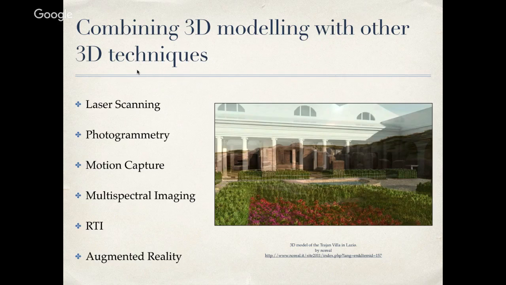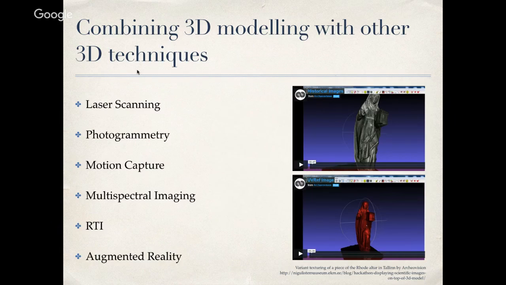Or we could use motion capture to simulate movement and performance in an ancient space, as one of the projects that Gabi is going to talk about later. Or we could combine multispectral imaging with 3D models, for example, using the multispectral imaging as a texture to map a 3D object, as we have done with some colleagues with an artifact in Tallinn.